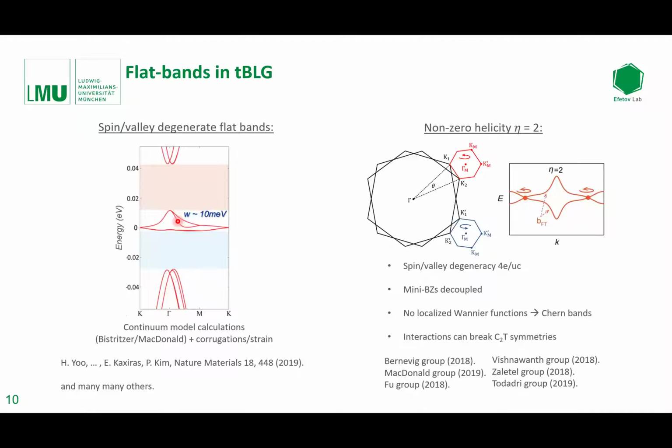This has its origin in the fact that we create new Brillouin zones in K space, a set of 2 Brillouin zones, which are separated quite far in K space, so there's little interaction between them. But as you can see, one Brillouin zone, the red one here, is purely created from the K and K prime points in the individual graphene layers.